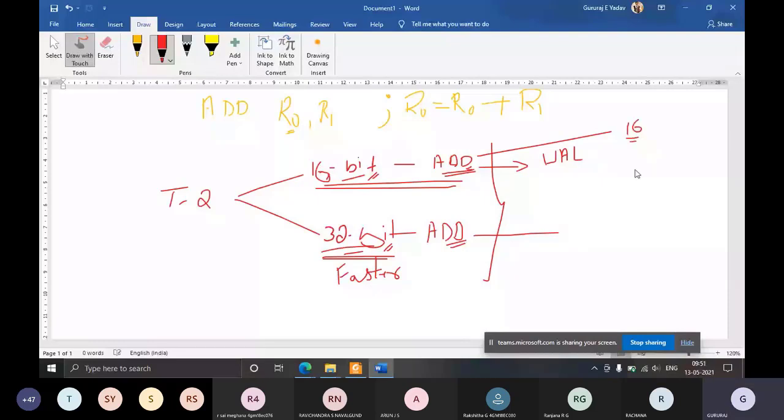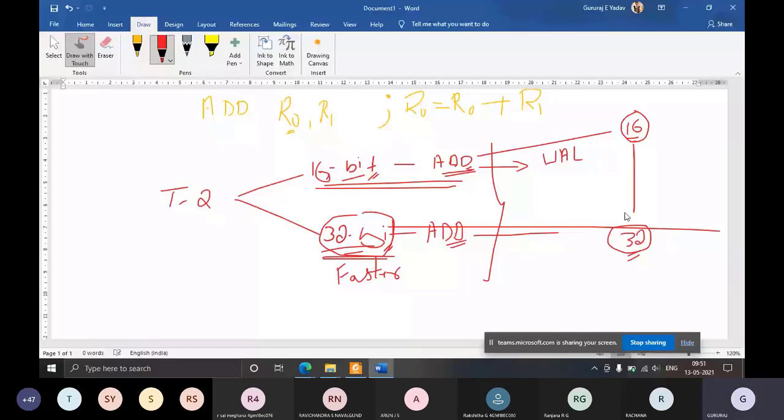So what is the advantage of using 16 bits? Instead of wasting 32 bits, you can do the same job in 16 bits if that is convenient. If it is not time critical, you can do the same operation using 16 bits. So you are saving 16 bits.